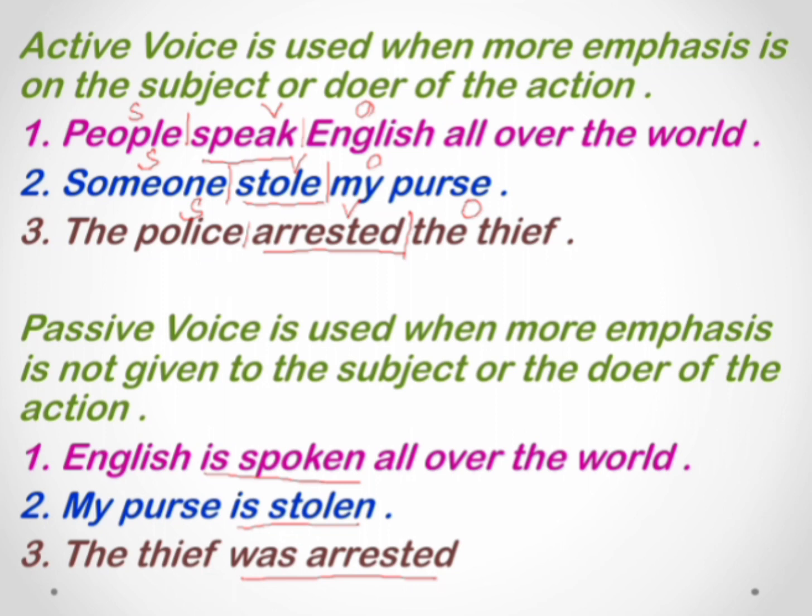Here it is very clear that the arresting will be done by the police, so it need not be mentioned because it is understood. In the second sentence, we don't know who the subject is, and in the third sentence, it is understood who the subject is.